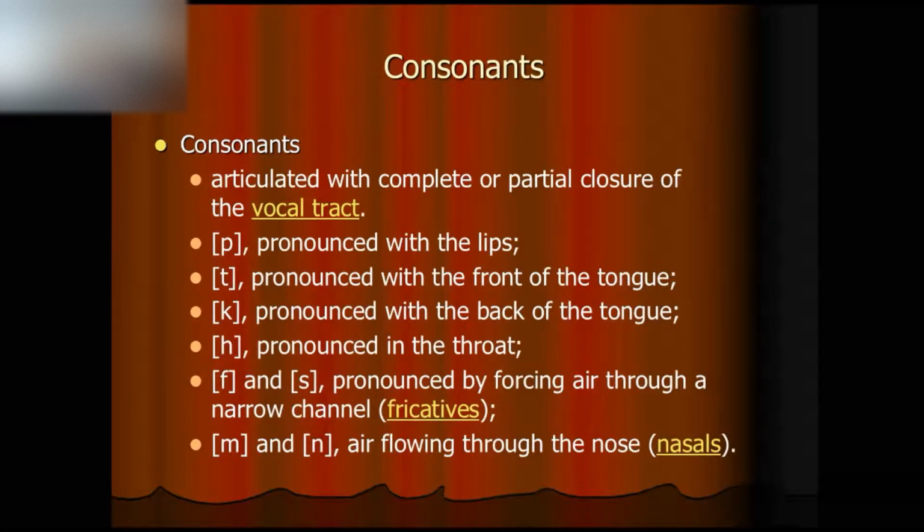Like P with the lips, like T with the front of the tongue, like K with the back of the tongue, like H produced in the throat, like F and S pronounced by forcing air through a narrow channel, so-called fricatives, like M and N, with air flowing through the nose, so-called nasals.